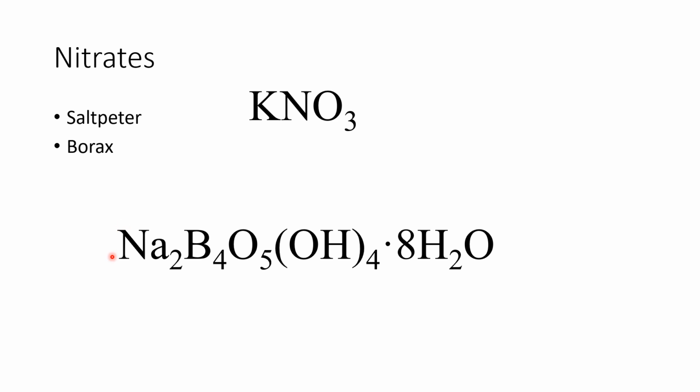And I'm going to talk about that in a little bit with the sulfates. I just wanted you to see it early, that you can have this dot and include some number. It's not always 8. Sometimes it's 6, sometimes it's 4, etc. But including 8 water molecules as integral parts of the crystal structure.